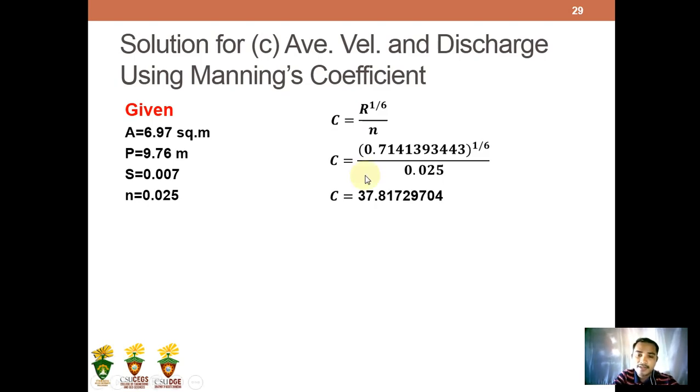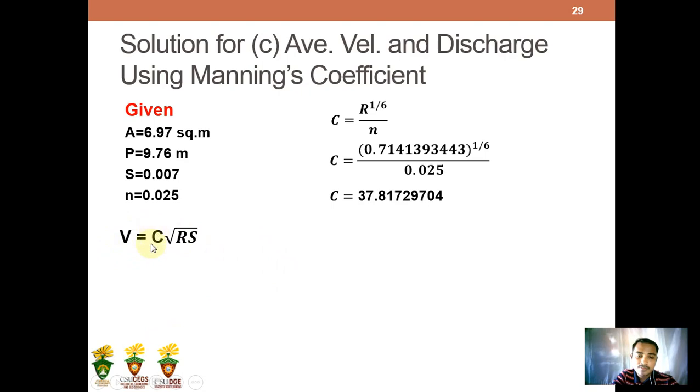So we can have the value for C using Manning's coefficient is 37.81729704. Now let's get the value for velocity, that is the same.